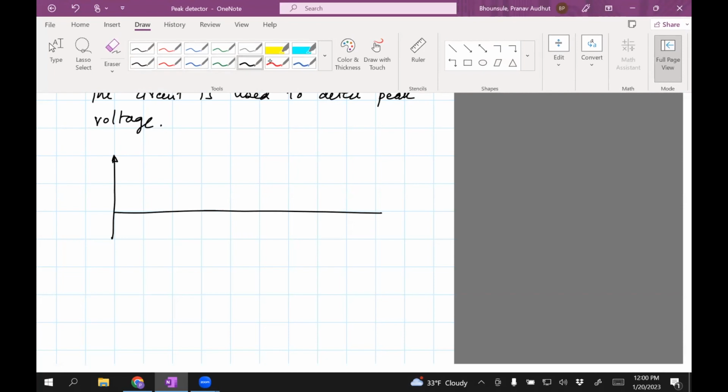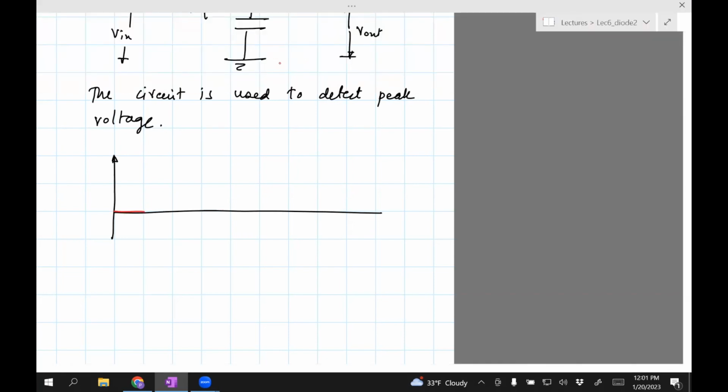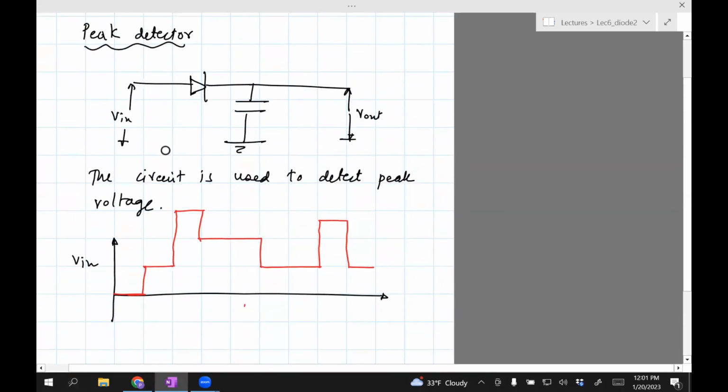Here is an example input voltage: 0, positive, up, down, and so on. This is your V in, which goes here.